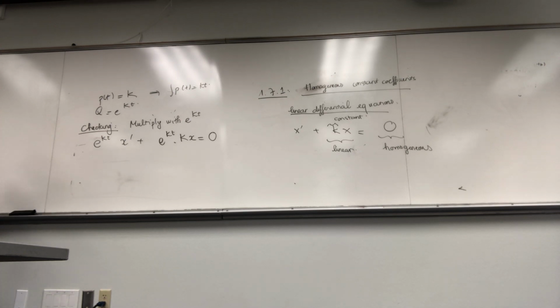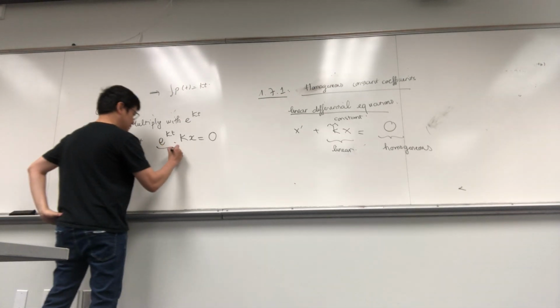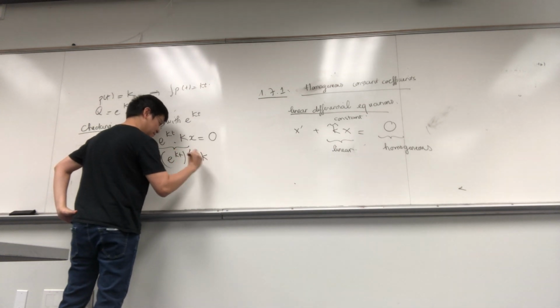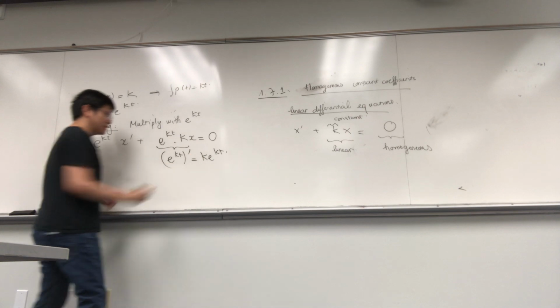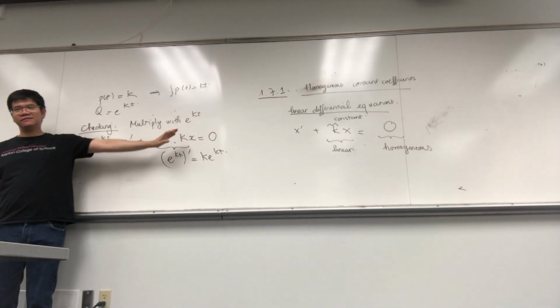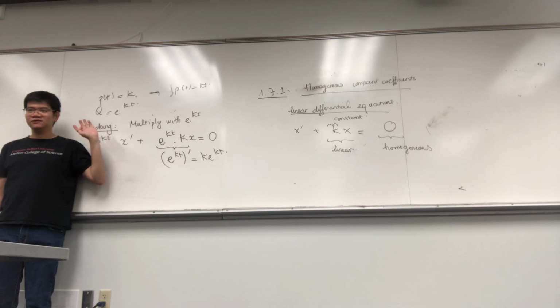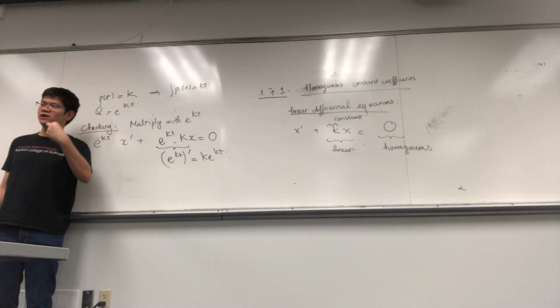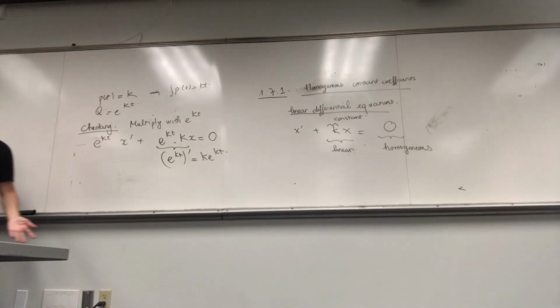So this is e to the kt prime, right? This is the whole point. You're going to change the left-hand side into something so that you can use the product rule, right?